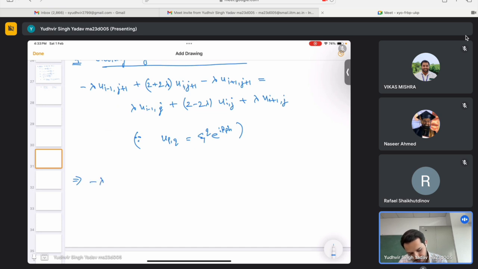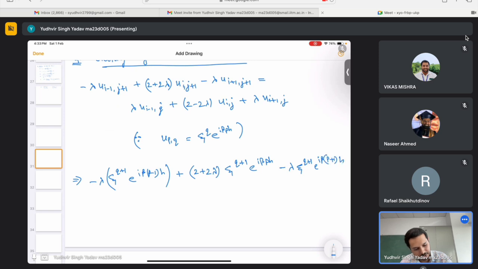So after substituting, we will get on the left-hand side: −λ ξ^(q+1) e^(iβ(p−1)h) + (2 + 2λ) ξ^(q+1) e^(iβph) − λ ξ^(q+1) e^(iβ(p+1)h).